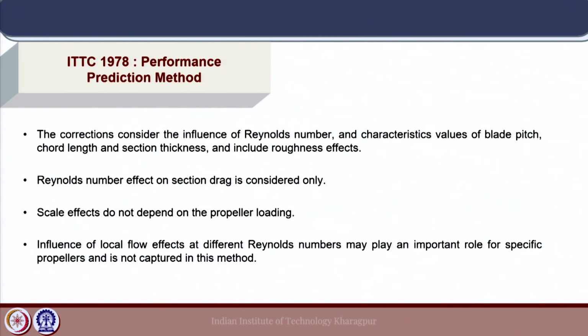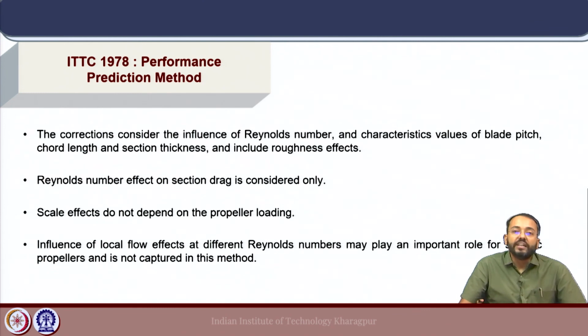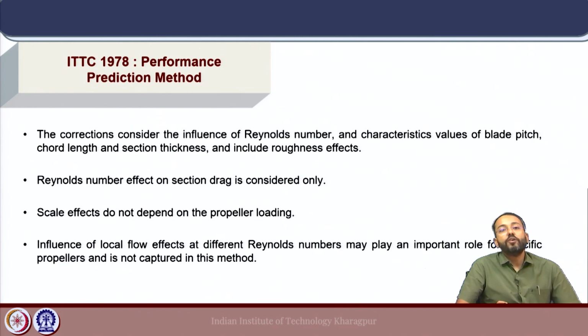And also the influence of propeller loading. Loading means it is represented by the J value, which is the advance coefficient. So, the influence of propeller loading is not taken care of in this extrapolation method.